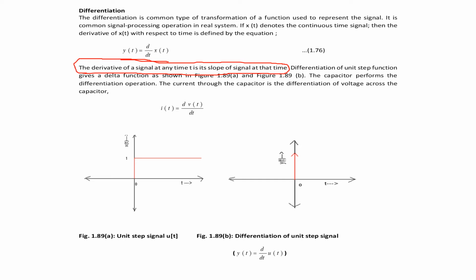If you take the derivative of this signal, we get the impulse function, that is d by dt of u of t, as we observed in the relation between signals. The derivative of the unit step is the delta function, and the graph is like this. This is the delta function.